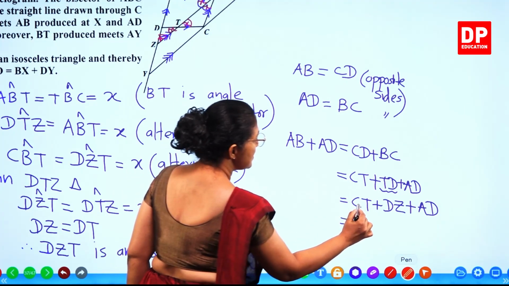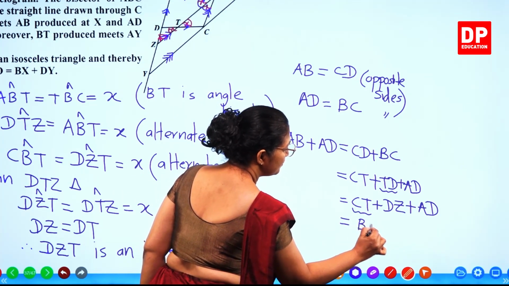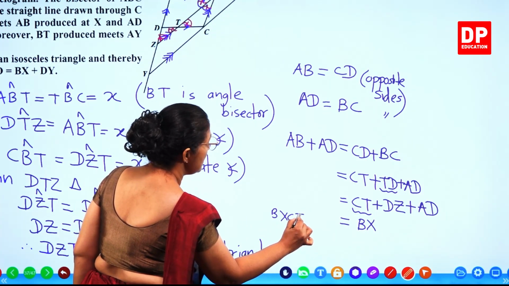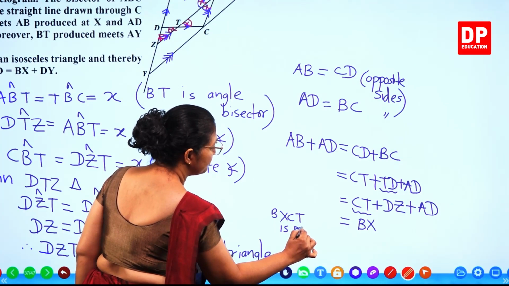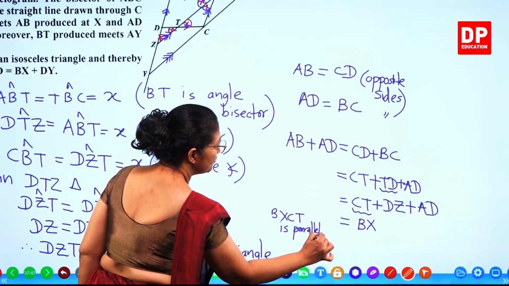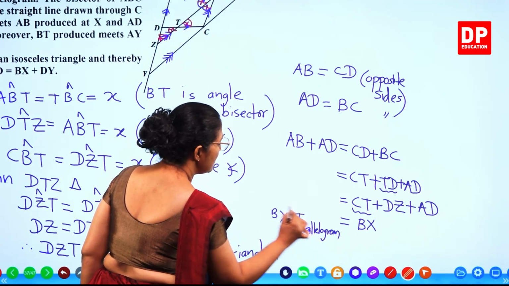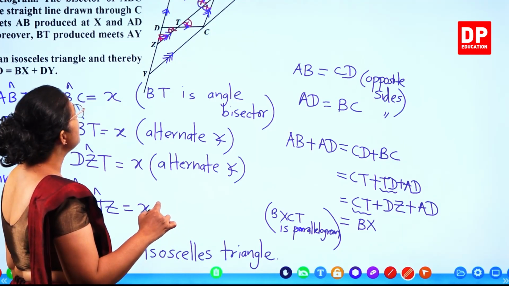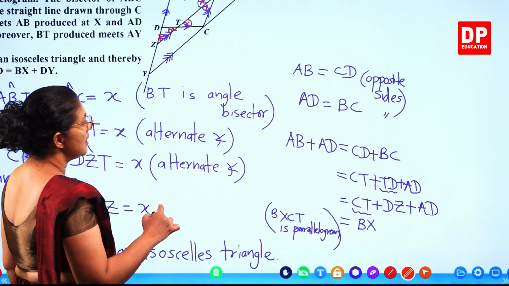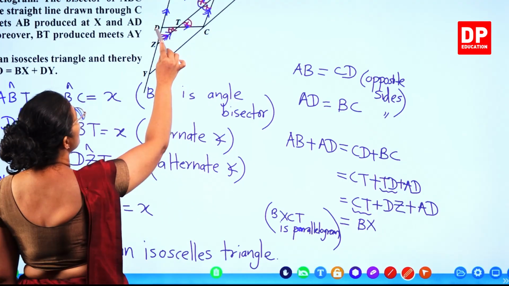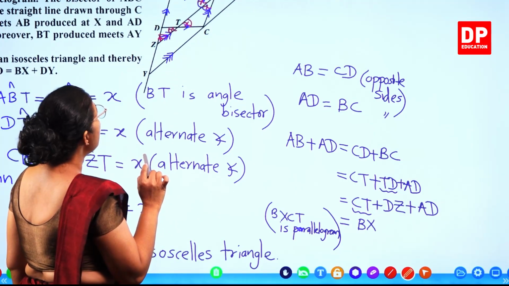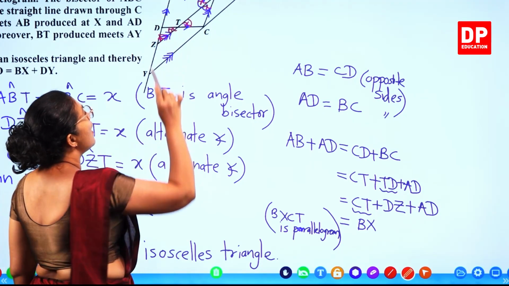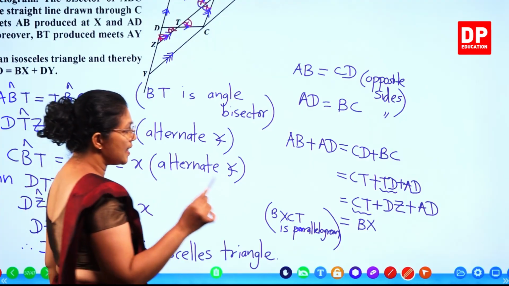So CT is the same as BX, because BXCT is a parallelogram and opposite sides are equal. DC is this one. And AD, instead of AD, I can write BC because opposite sides are equal.